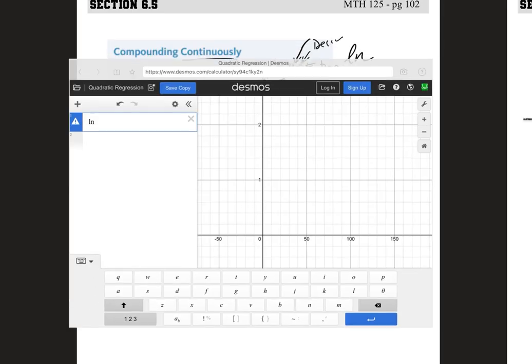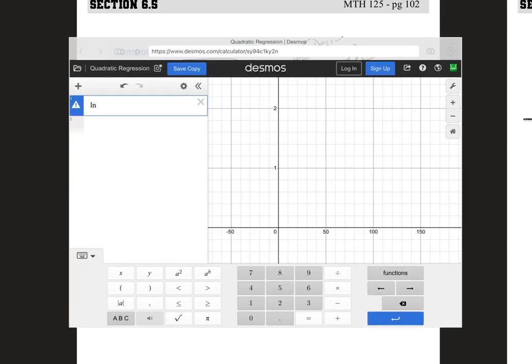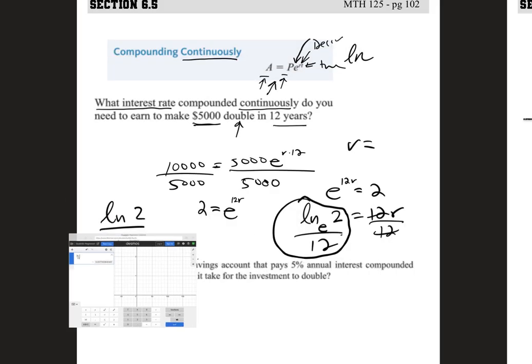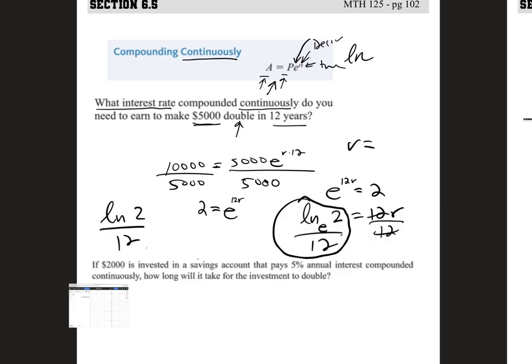Natural log of 2 over 12. 2 divided by 12 gives me 0.0577, 0.0578 if we want to make this easier and proper. So that tells me that my interest rate is 5.78%.